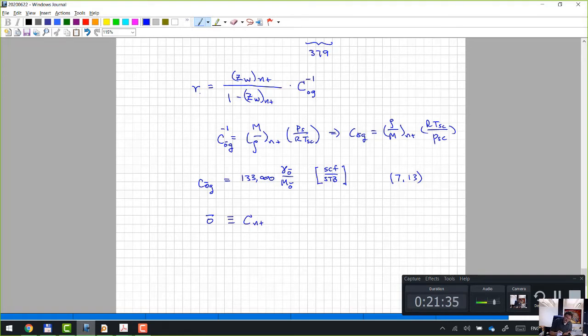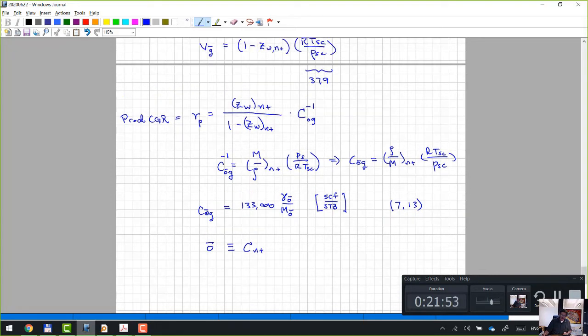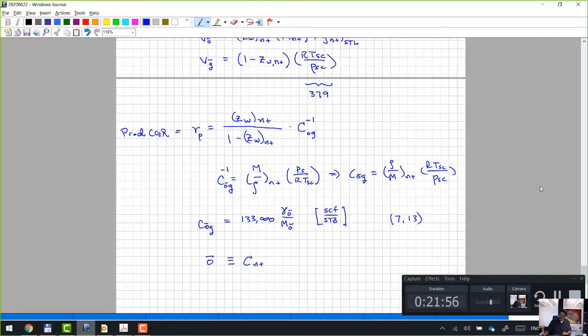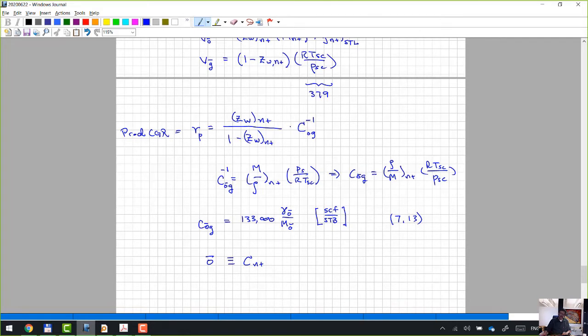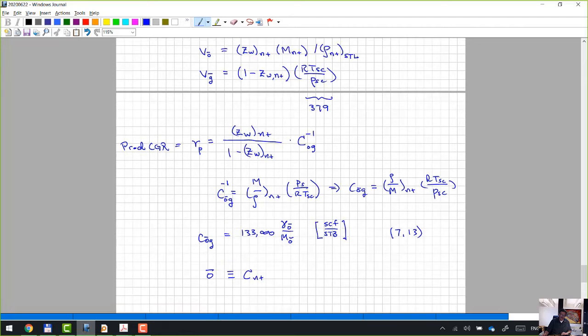So this being a well stream, this would be a producing solution oil gas ratio, producing CGR. So it's a relatively simple way to come up with this.